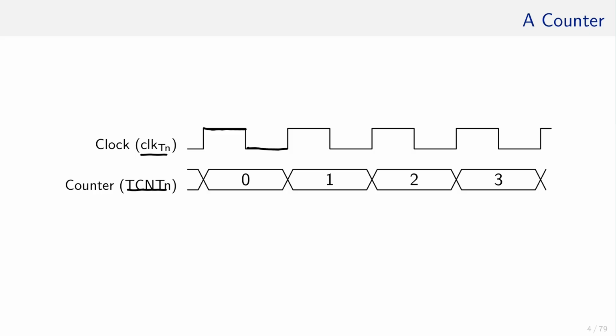At the transition from low to high of the clock signal, which is also called the positive edge, the counter register increments. At the negative edge, that is here, nothing happens. That is a simple yet powerful functionality, as we will see in a minute or two.